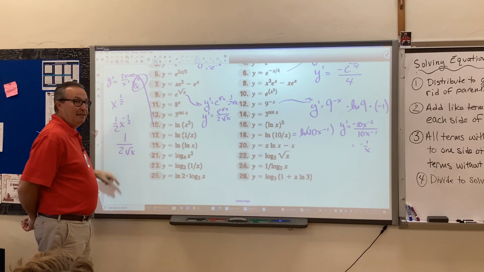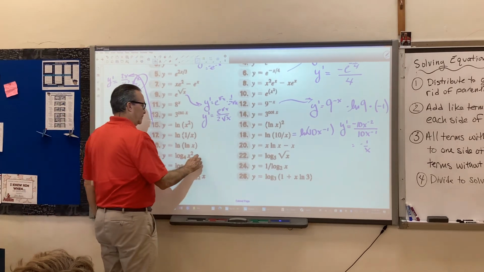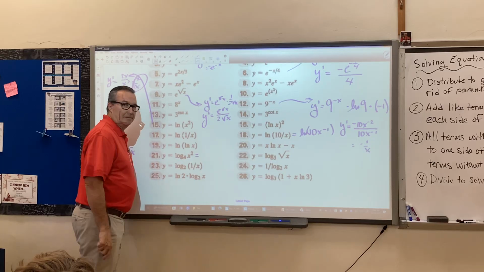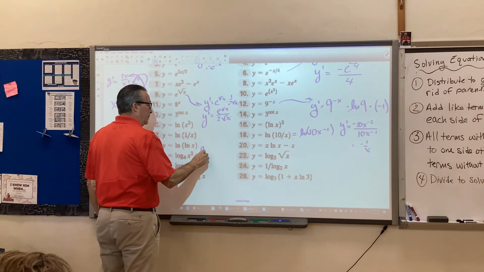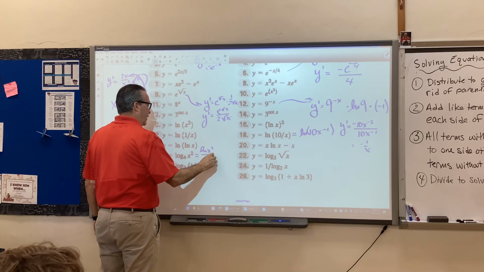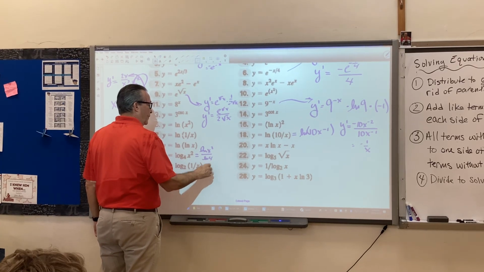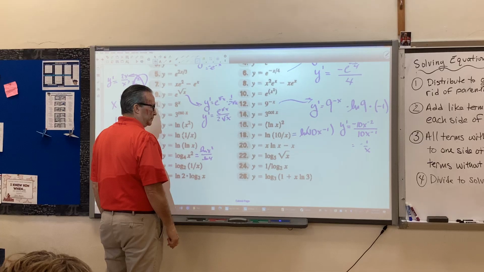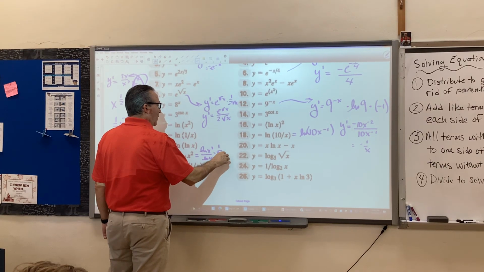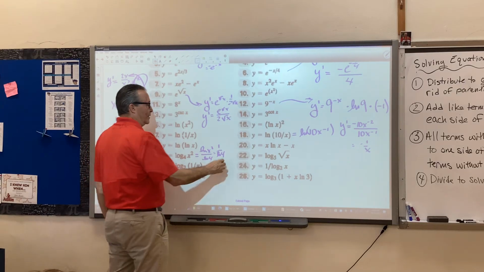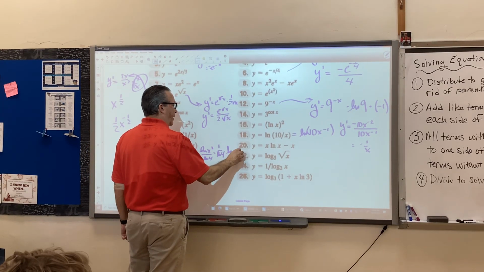21. You rewrite it. We read it as natural log of x squared over the natural log of 4. So move that one over the natural log of 4 out front, and you just say the derivative of the natural log of x squared.